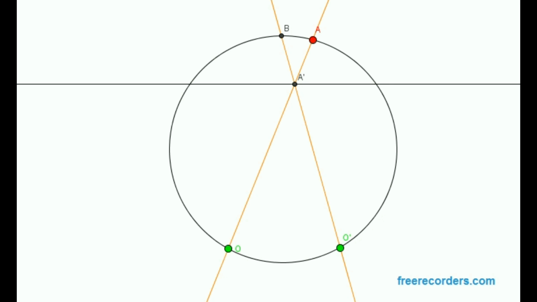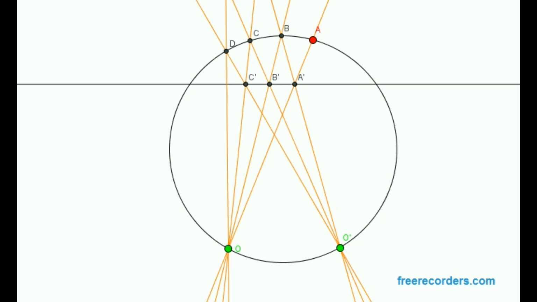And we shall repeat the process here. And so we draw a line from B to O, and then see where that meets the black line at B', and then joining back from O' to B', we get a point C on the circle. And we can repeat this kind of iterated projection procedure.